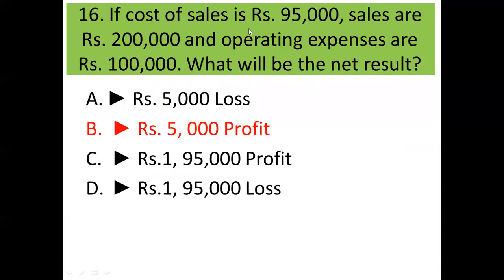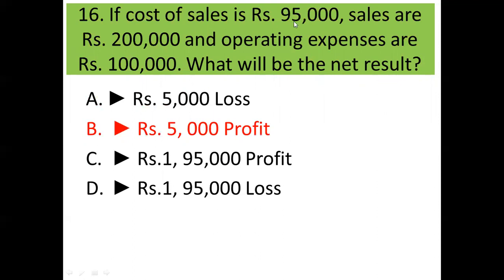If the cost of sales is 95,000, sales are 200,000, and operating expenses are 100,000, what will be the net result?